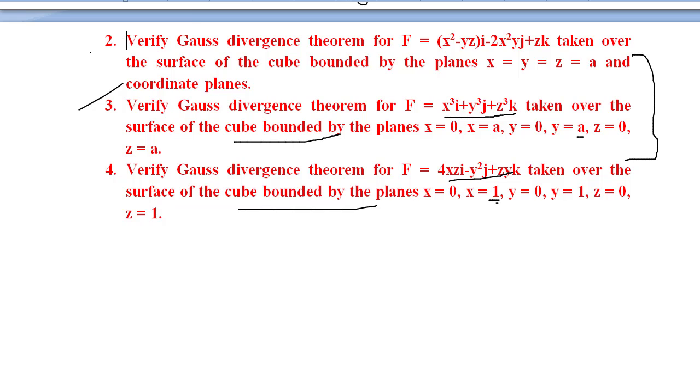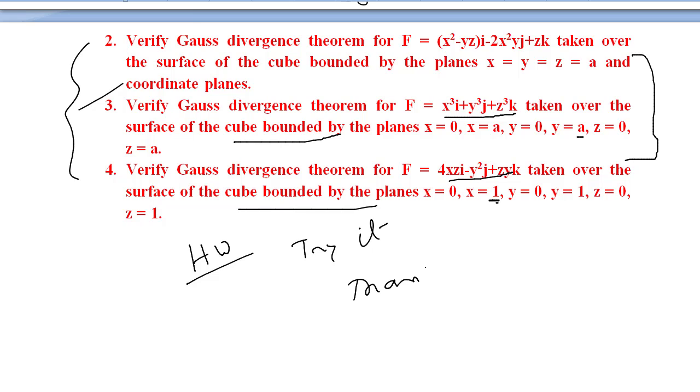So these 3 problems are homework. Try it, but it is very easy. We will discuss another model in the next class. These 3 problems look like our previous one. Just try it, otherwise ask me directly.